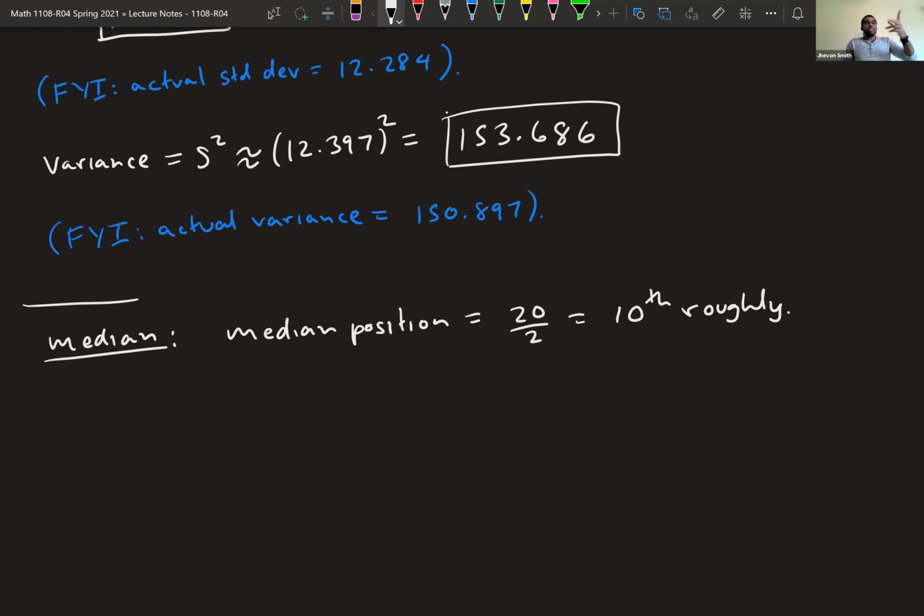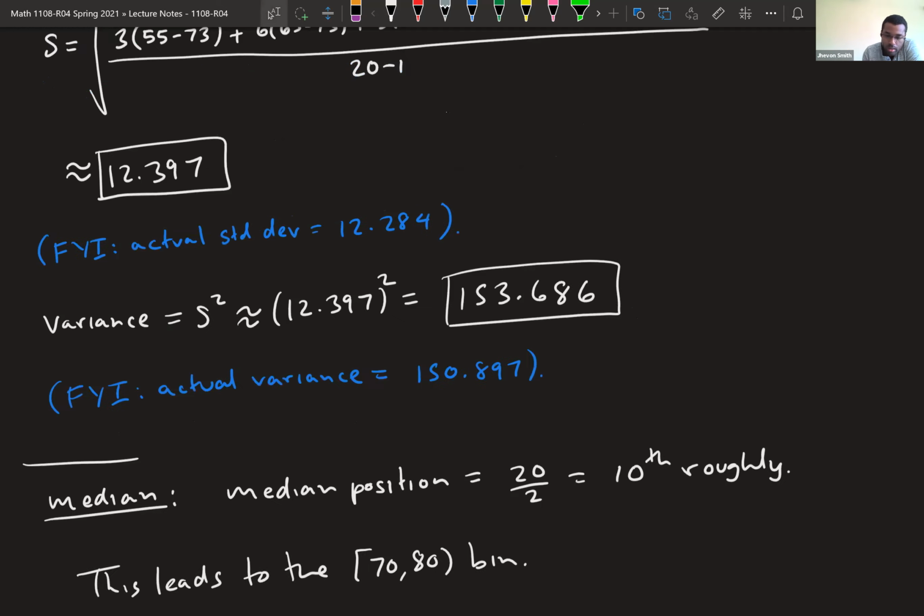Yes, I know it's going to be the average of the 10th and the 11th position, but it's an approximation anyway, so we don't have to be totally crazy about it. So roughly the 10th position is what we want. This leads to the 70 to 80 bin.